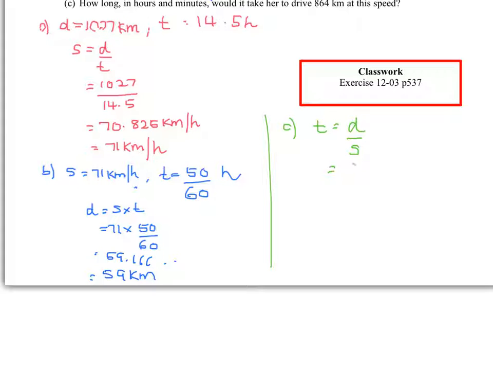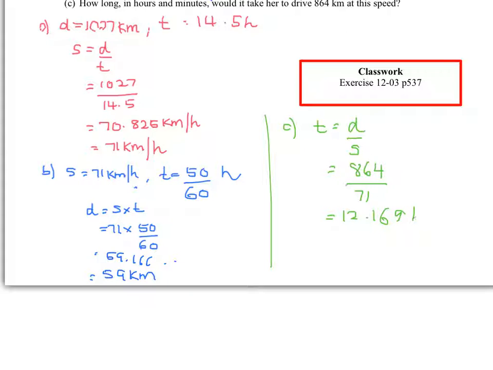So the distance we're told is 864 kilometres. And my speed, well, that's the speed that I've worked out in part A, which is 71. And if we place that into our calculator, we get 12.169.